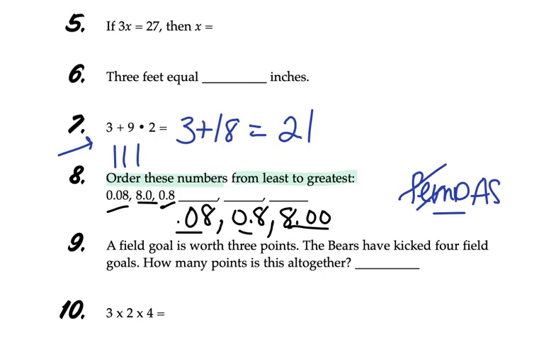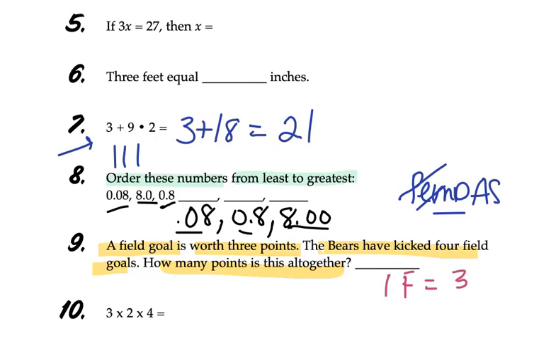Let's keep moving. Number 9, a field goal is worth 3 points. The Bears have kicked 4 field goals. How many points is this all together? All together is an addition word. We also know multiplication is a way to do addition quickly. So we know a field goal, 1 F, is worth 3 points, right?